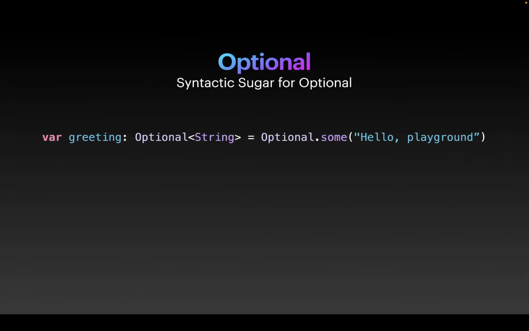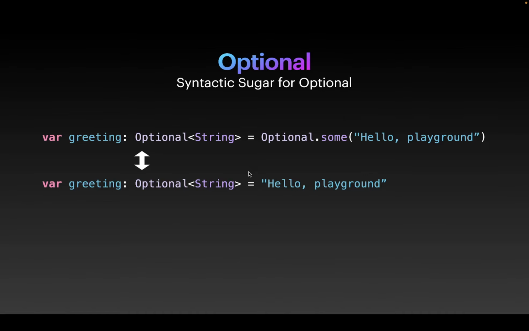Now let's take a look at some syntactic sugar to simplify this process when you declare an optional. The first thing is, when you provide a type annotation here, Swift already knows you're going to provide an optional. In this case, if you put some string here, it already knows you want to define an Optional.some. So you can get rid of the Optional.some here and just put a string.